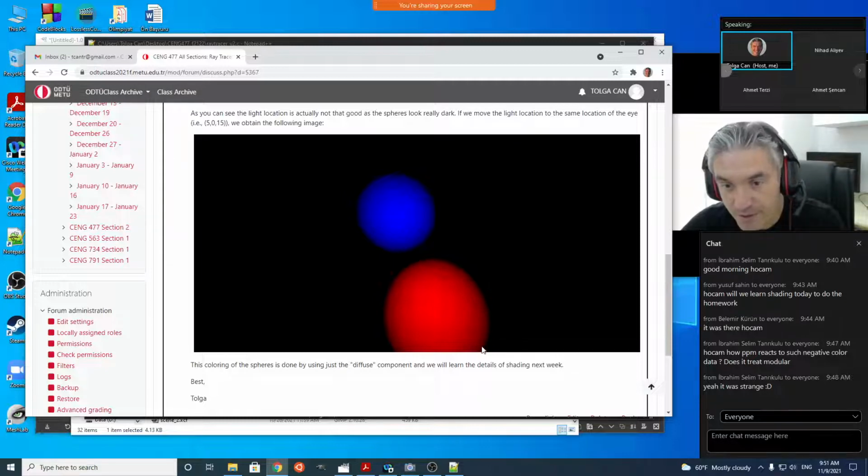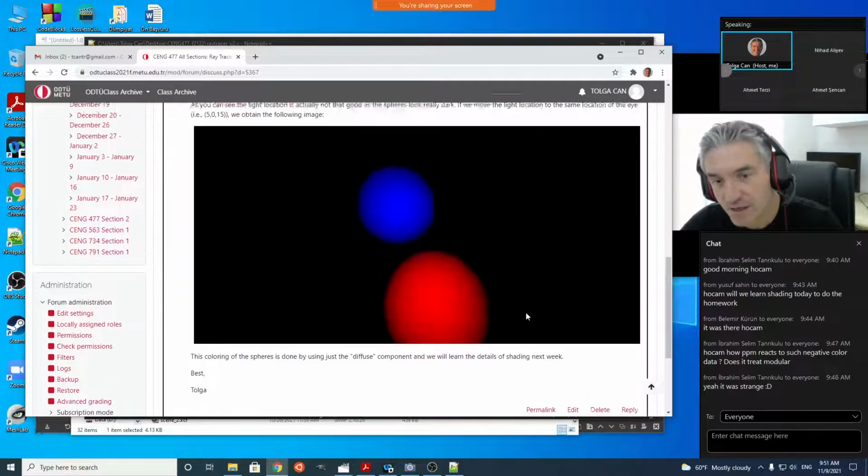So these parts, as you can see, are darker. And even with the simple mathematics of the vector dot product, we are able to get some three-dimensional looking spheres in our scene. So simple mathematics can help you achieve nice shading and these different things.